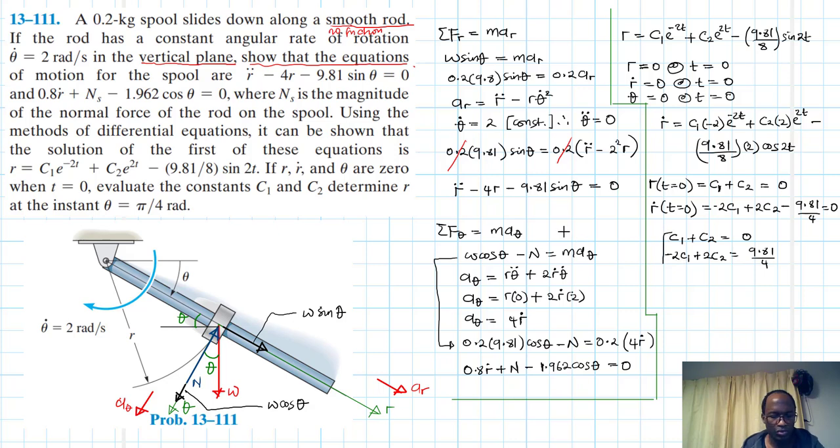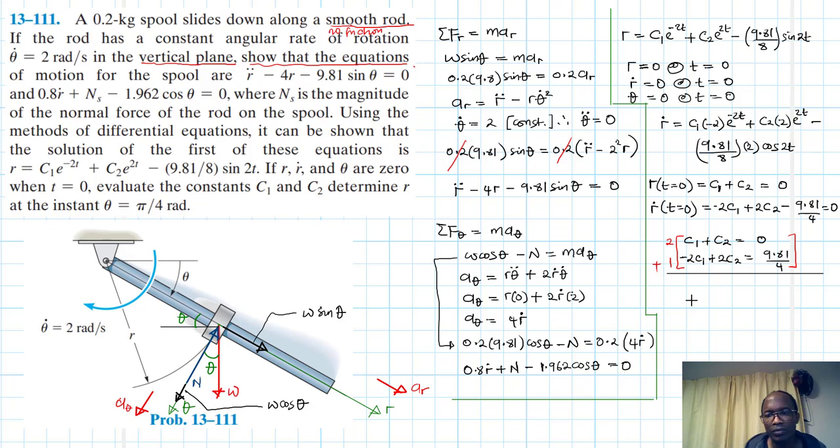So I'm going to sum these up, multiplying them by some factor that will eliminate one unknown. So I'll multiply this by 2, this one by 1. Then I'll just sum this up.